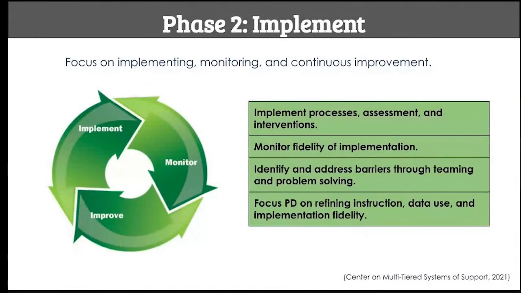In phase 2, teams focus on implementing processes, assessment, and interventions. They monitor fidelity of implementation, identify and address barriers through teaming and problem solving, and they focus their PD on refining instruction, refining their data use, and looking at implementation fidelity.